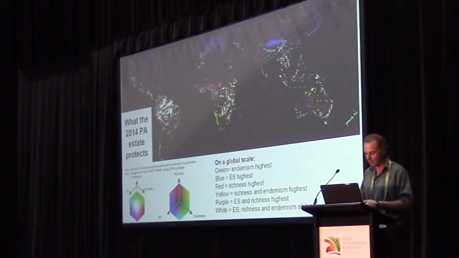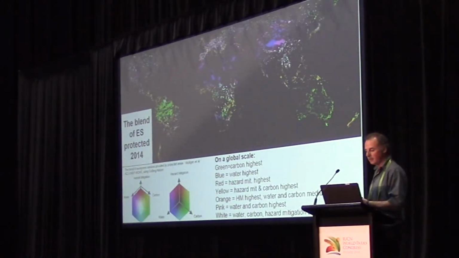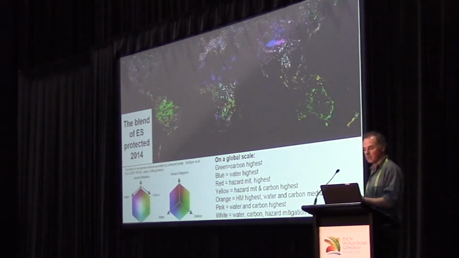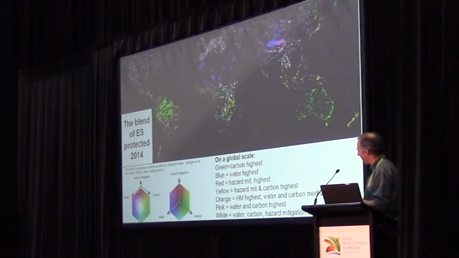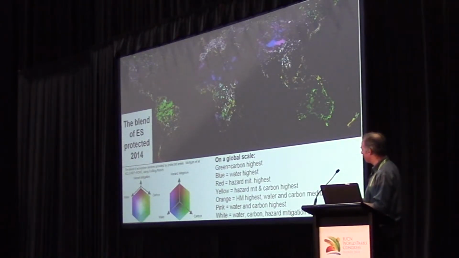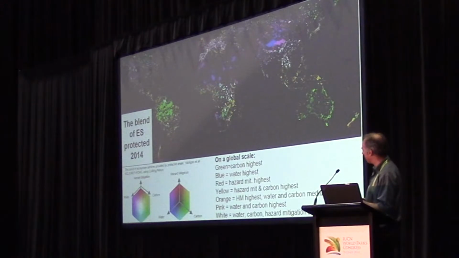Very valuable protected areas. But of course, as well as protecting biodiversity, endemism and ecosystem services, they protect a particular blend of ecosystem services. So here we have red means protection of hazard mitigation services, blue is protection of water, green is protection of carbon.